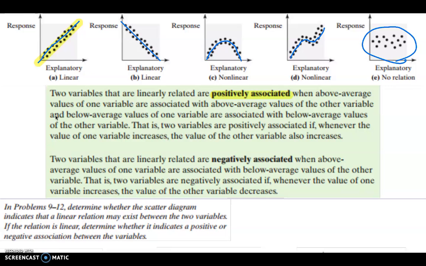Then we have negatively associated, and that's the opposite. When we have above average values for one variable, those are associated with below average values for the other variable. So basically, as one increases, the other decreases, or vice versa.